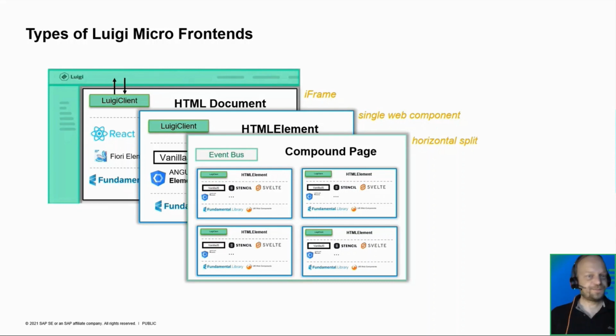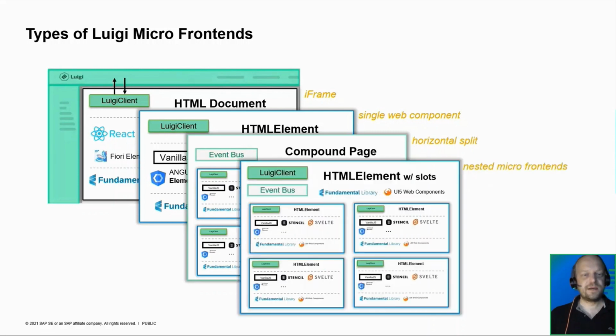And a third special case we also have is nested micro frontends. That means it's similar to a compound page, but the underlying view is not something that comes from Luigi, where you can just arrange your horizontal micro frontends, but it can be a micro frontend by itself.